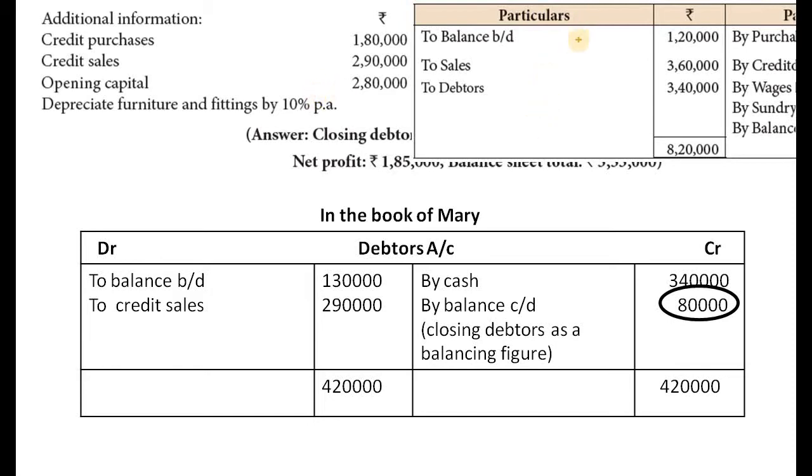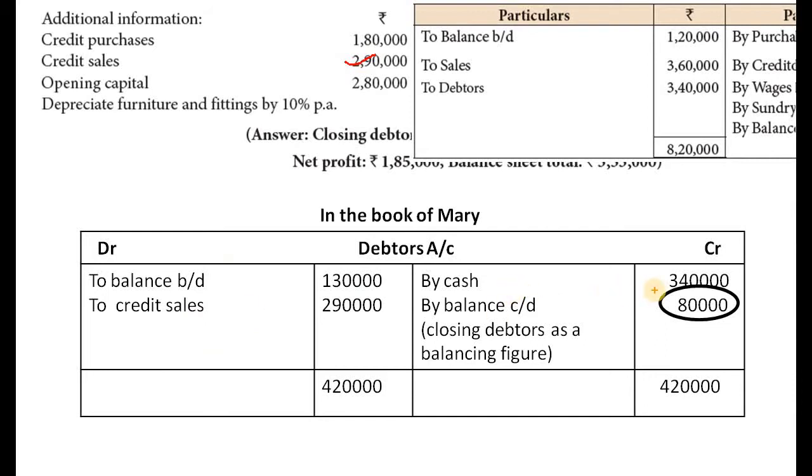Here we have a snapshot of the cash book. See, the opening balance of debtors is given in the problem, and credit sales is also given in the additional information part.